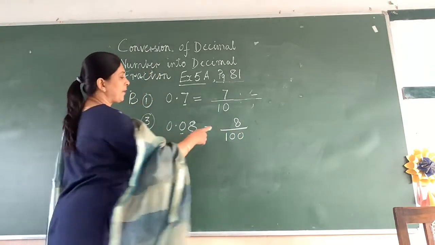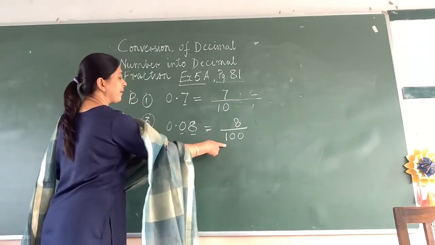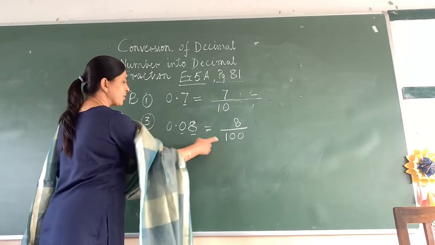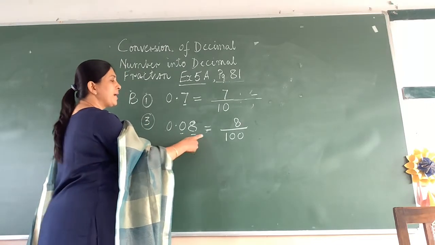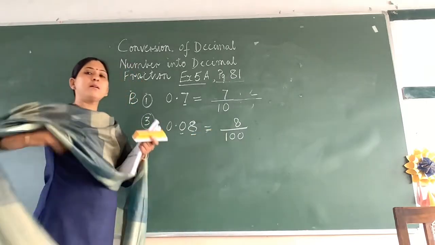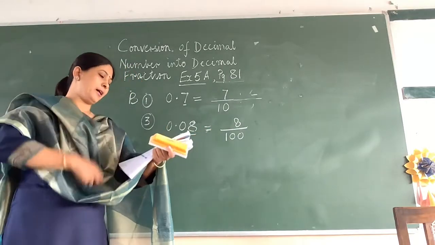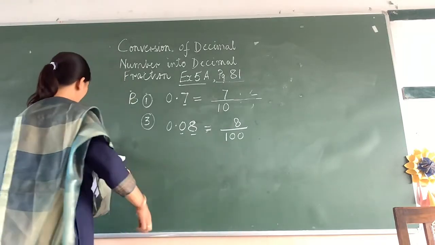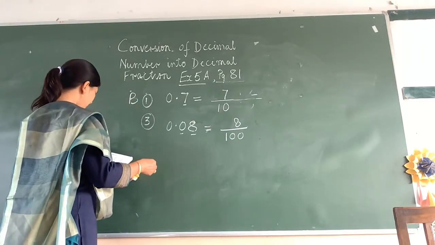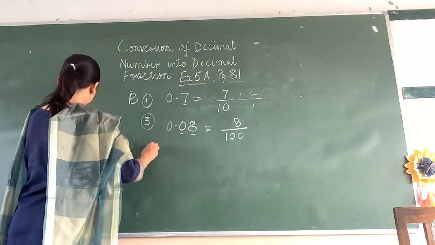So what is our fraction? 8 over 100. It is a decimal fraction. So we've converted our decimal number 0.08 into a decimal fraction. Now let's take question number 6.